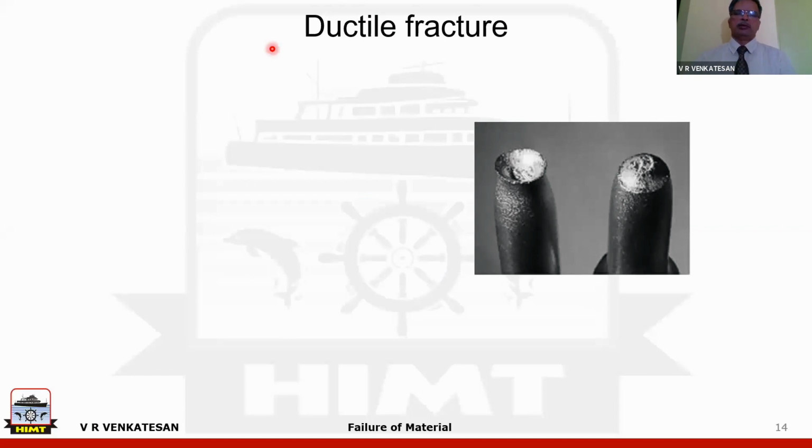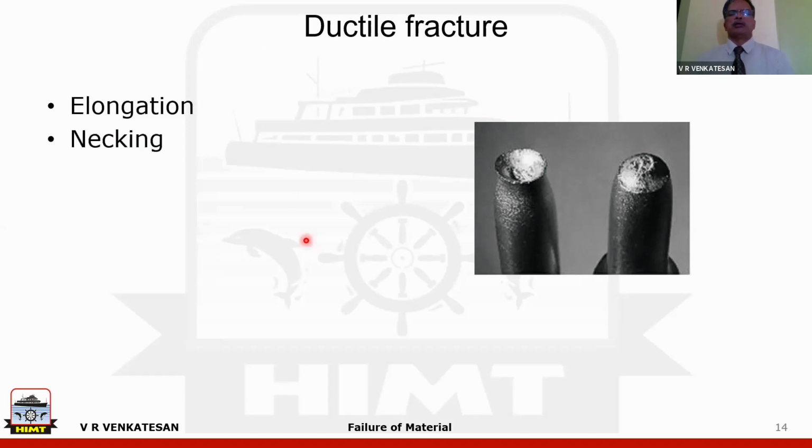Then the other types of failure, if you go to failures of parts otherwise, there is one type of failure called ductile failure. Ductile failure will be starting with elongation, that the part will elongate. There will be necking.